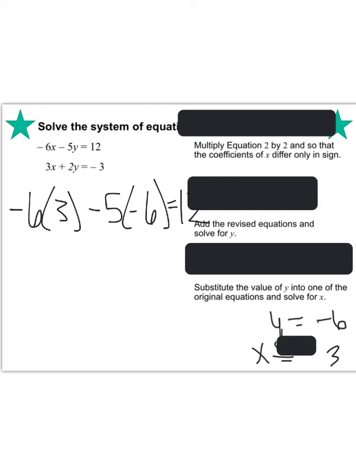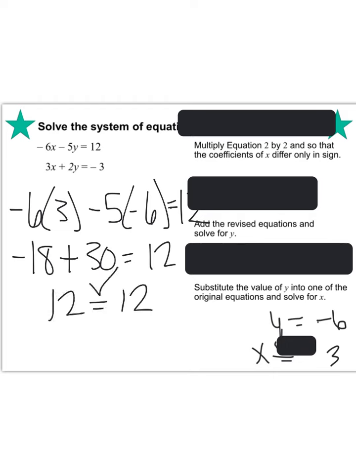So negative 6 times 3 is negative 18, negative 5 times negative 6, positive 30, and then we get 12 equals 12. So yes, our ordered pair 3, negative 6 is a solution to our system.